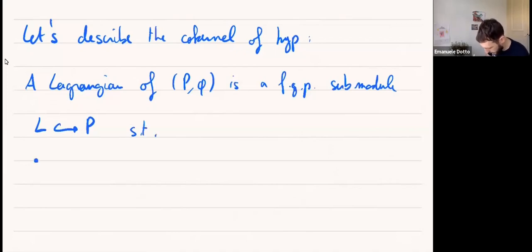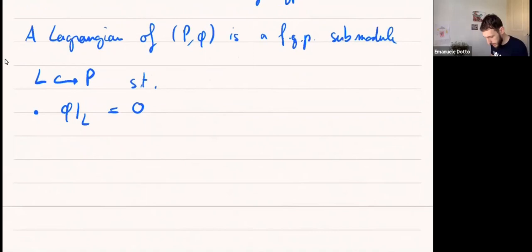First, if I have a form on a module P, I can always restrict it to a submodule, and I want this form to be 0. The second one is the following: phi provides an identification between P and the dual of P.